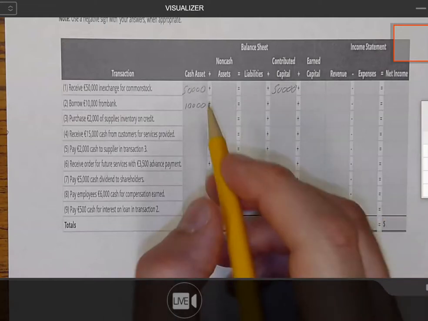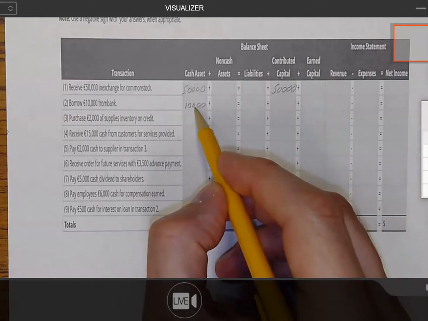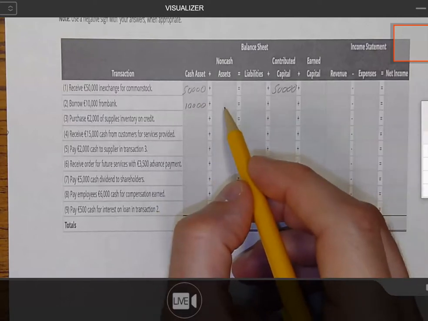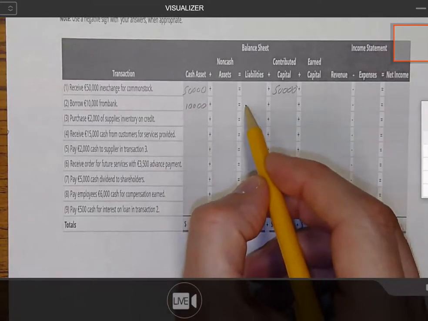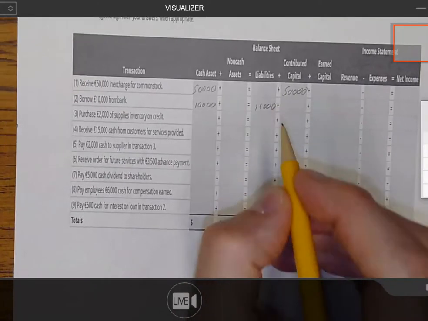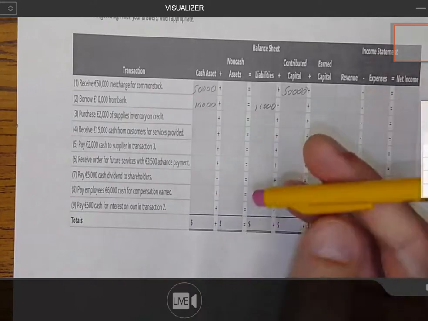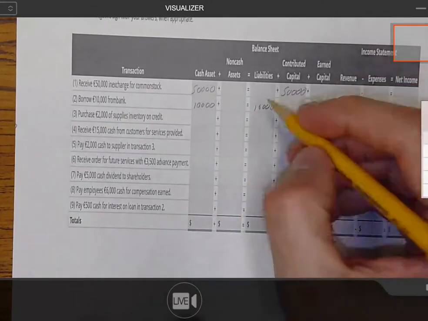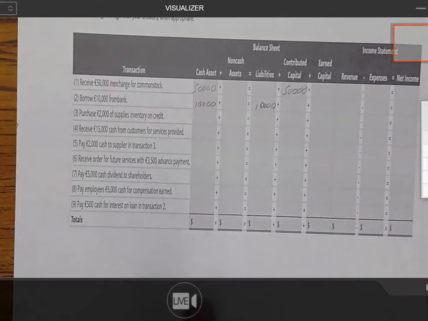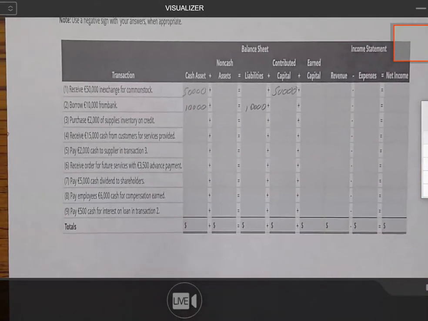So we're going to put $10,000 in the cash account. However, we don't have any non-cash assets, but we do have a liability here. And let me see if I can doctor this 0 up here a little bit more to make that look like 10,000. Okay, I think we've got it now.